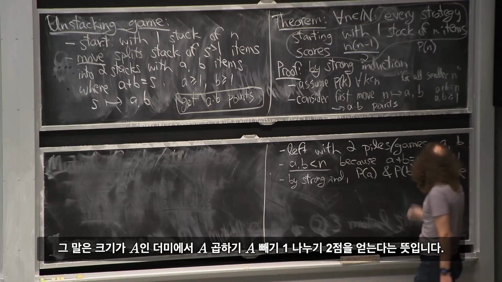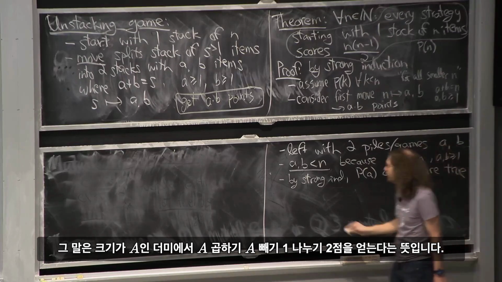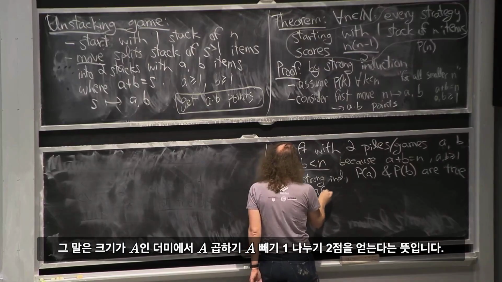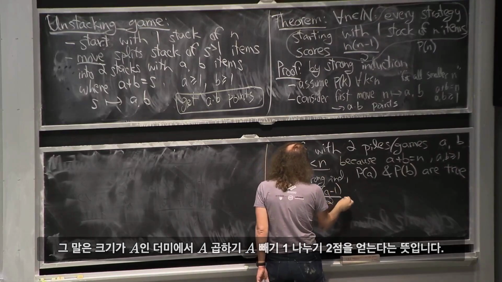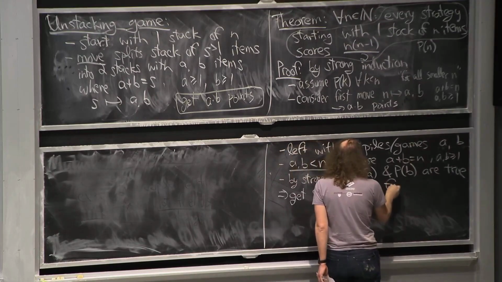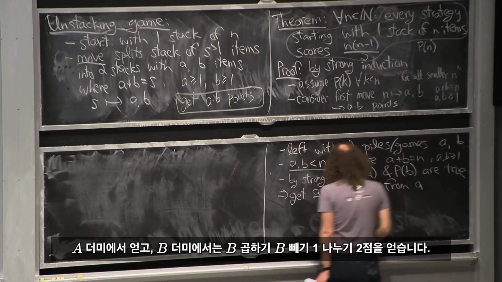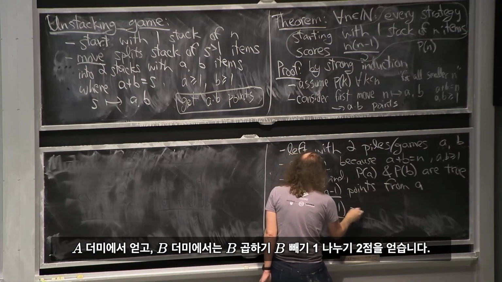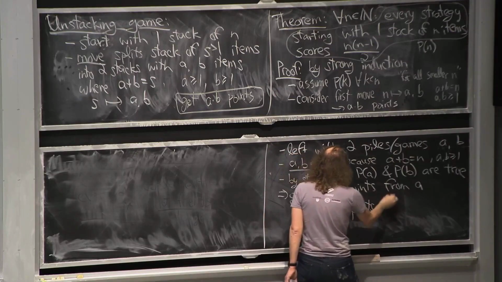So that means from the pile of size A, we get A times A minus 1 over 2 points. From the B pile, we get B times B minus 1 over 2 points.